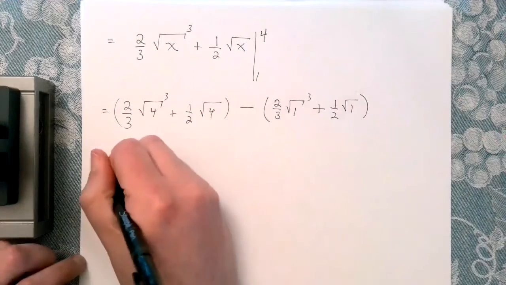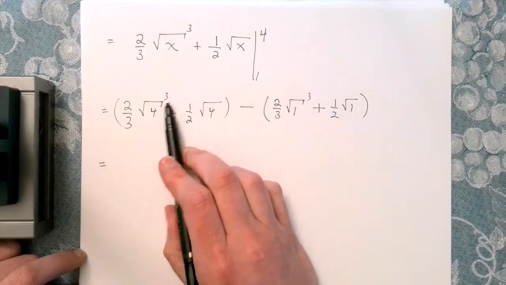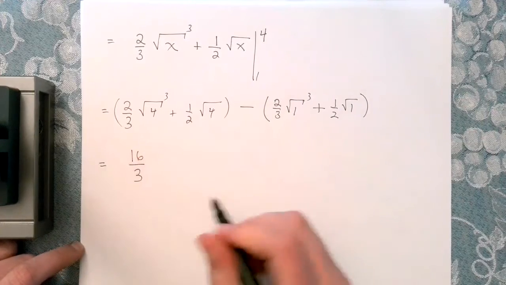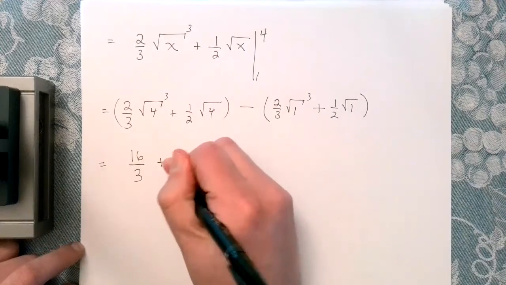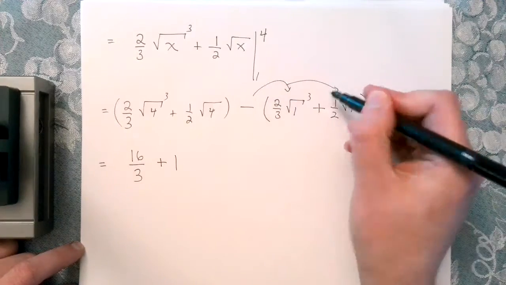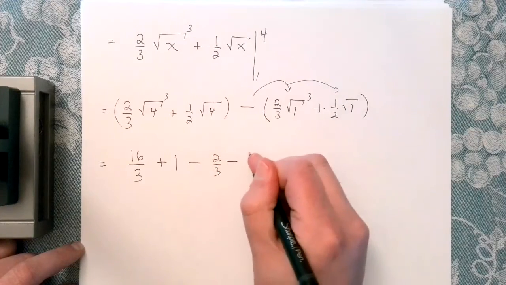All right, let's see what we have here. So the square root of 4 is 2, and 2 cubed is 8. And 8 times 2 gives me 16. So that first term there will be 16/3. And this will be 1/2 of 2, which is 1. Now this minus, of course, will go to both terms here. So that's going to be minus 2/3, and minus 1/2.